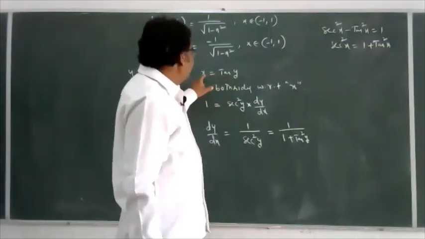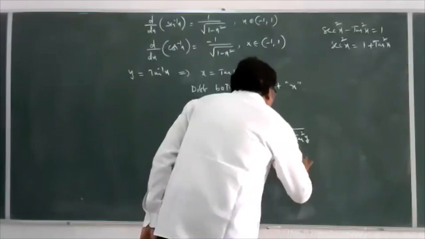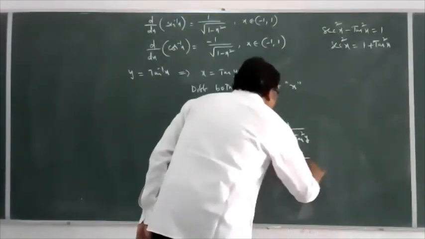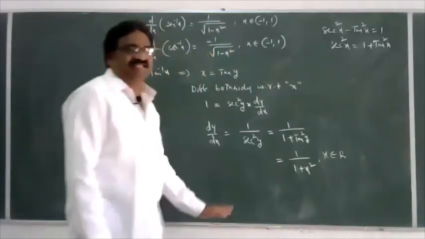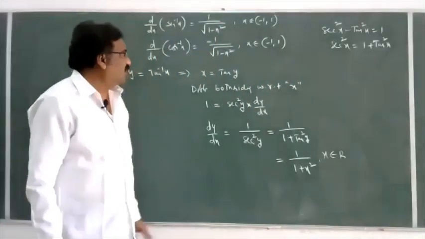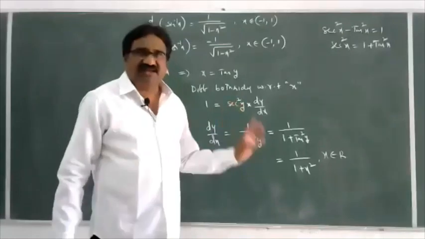Already here tan y is equal to x. Then you get 1 by 1 plus x square, for all x belongs to R. So this is the derivative of tan inverse x.